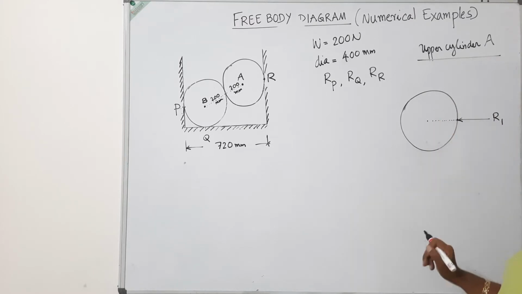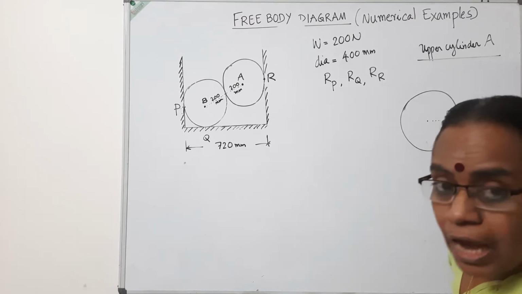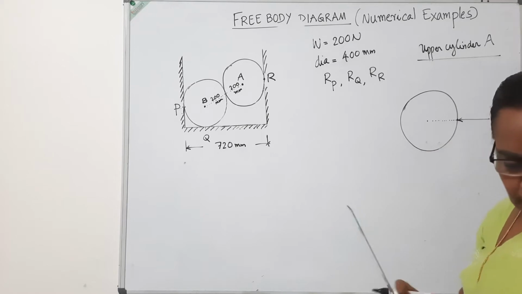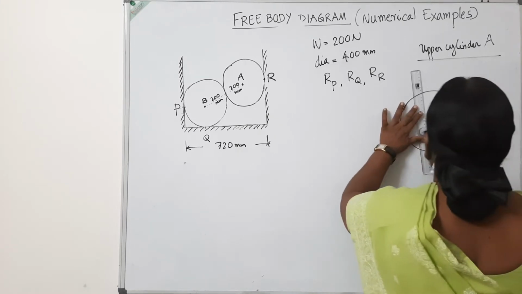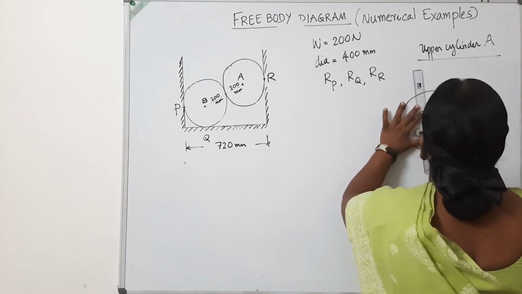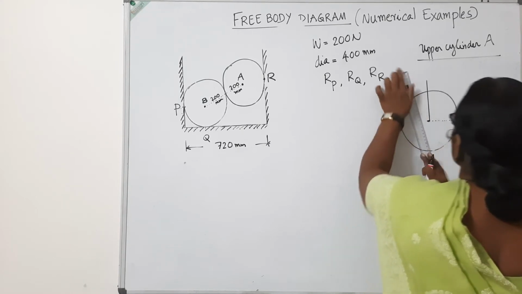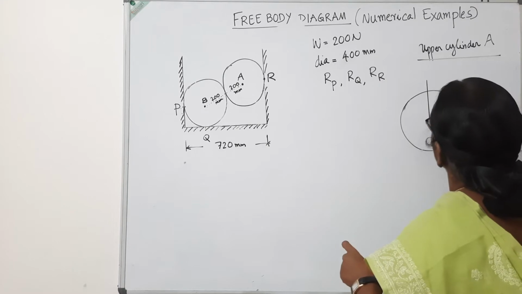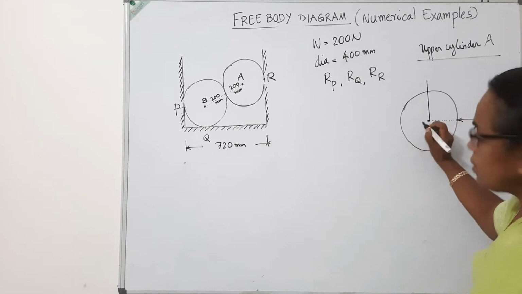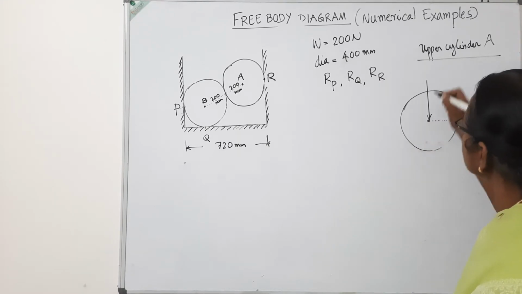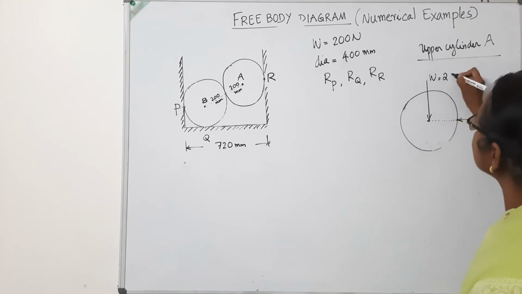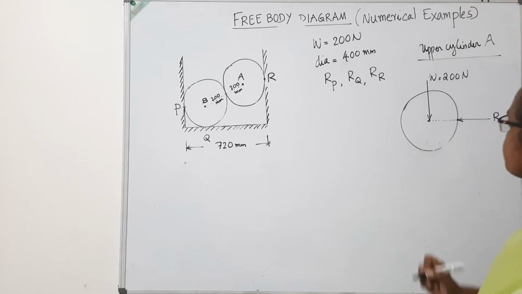There will be a reaction R1. Then you have to mark the weight. Don't forget to mark the weight. The weight will be acting always. So if this is the center, the weight W1, or the weight of the cylinder, will be acting vertically downward. The magnitude is 200 Newton.